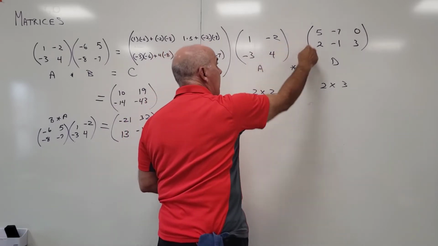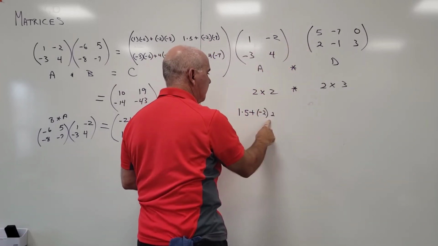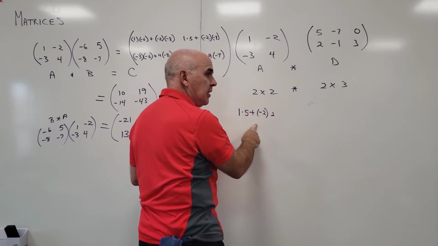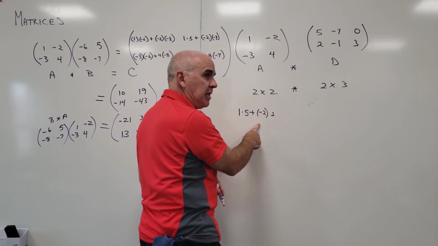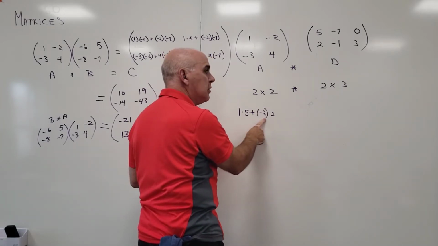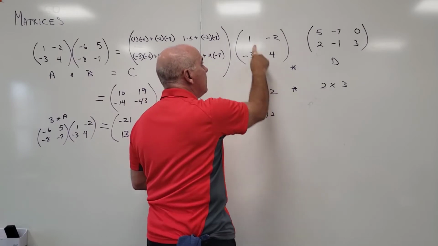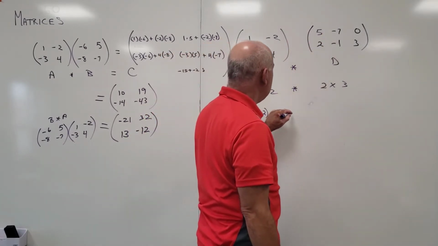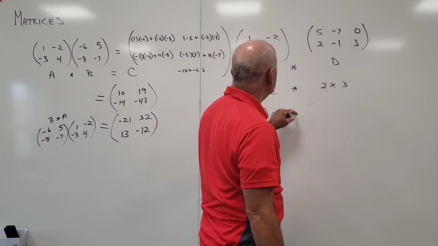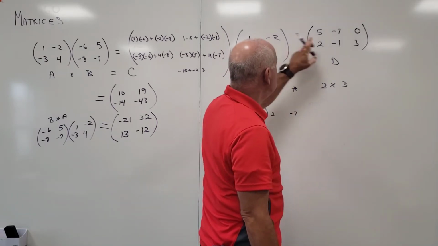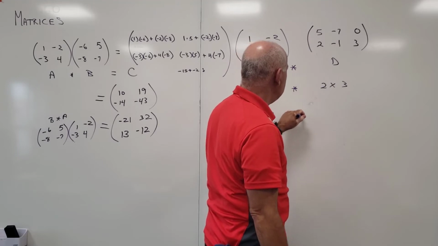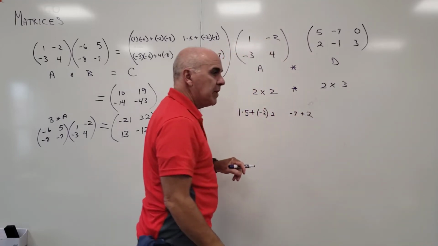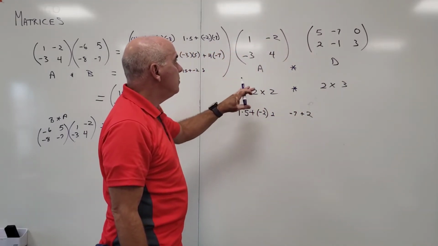So this is the first row, first column of my next matrix. Let's do row 1, column 2. So that's going to be 1 times negative 7, which is negative 7. And then negative 2 times negative 1 is positive 2. So negative 7 plus 2.